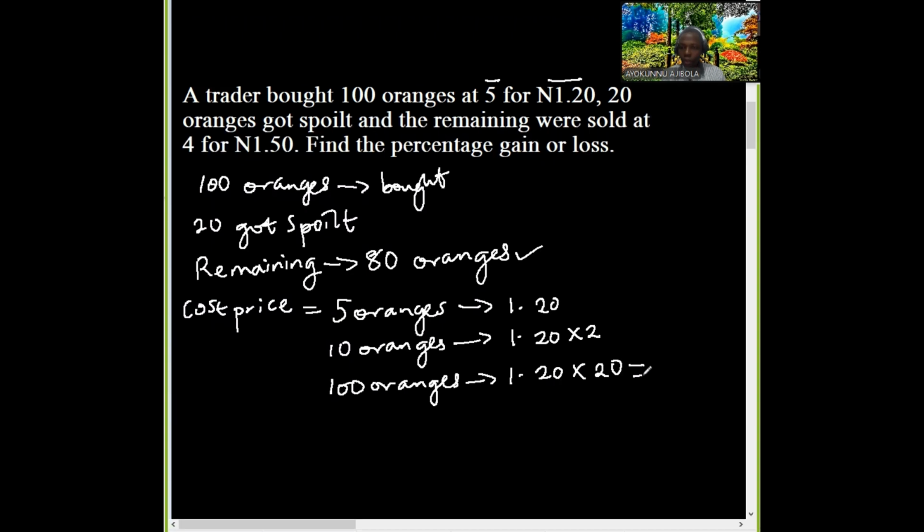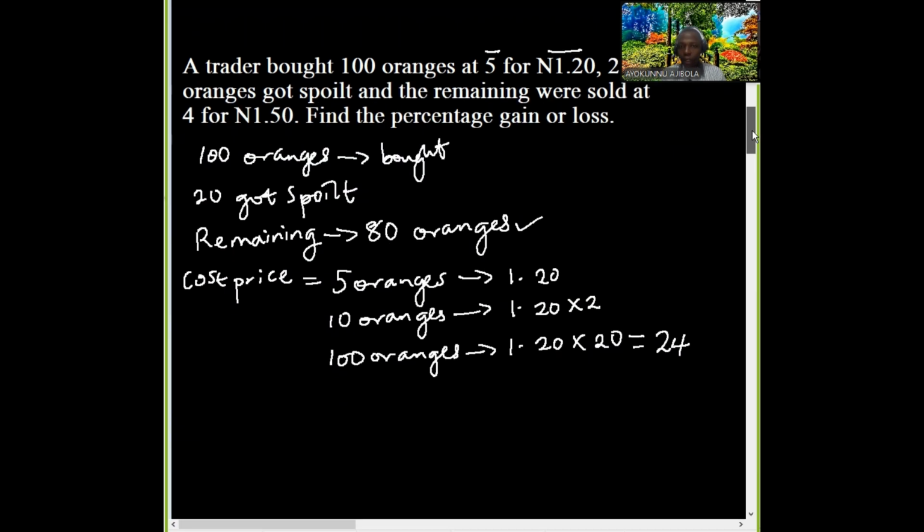So what is 20 times 1 naira 20 kobo? 20 times 1.2, it's 24. Is it 24? Yes, sir. Yeah, it's 24. Now, this is the cost price.